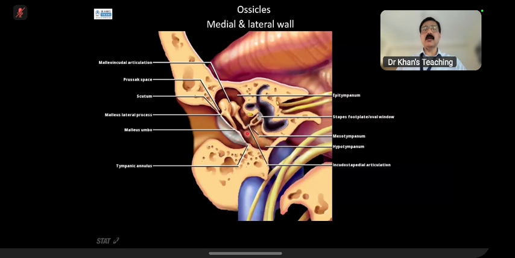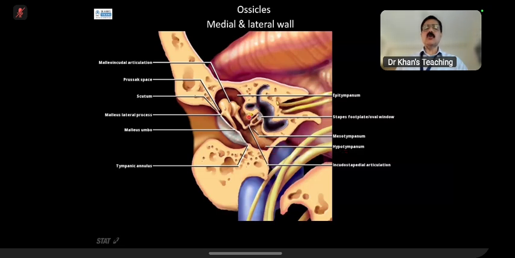I'll show it to you again and again because this concept will be asked in the exam. Superior to this is the attic or the epitympanum. And inferiorly, this trough-like area, which has got nothing there, will be known as hypotympanum.